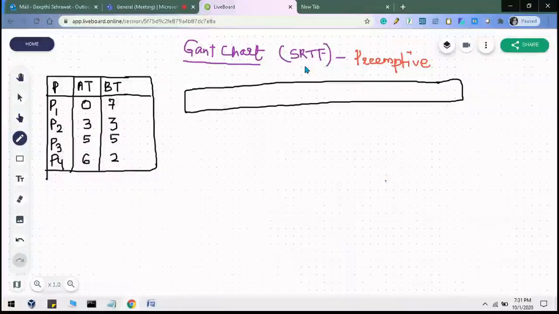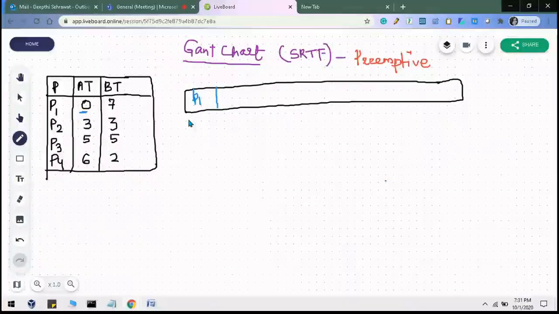Here, P1 has arrived at the 0th millisecond and no other process is available to execute, because P2 will arrive after 3 milliseconds, and P3 and P4 will arrive at 5 and 6. So only P1 can run, and it will run in the CPU for the next 3 milliseconds, because only then will P2 come and we will decide whether the other process has to come into the CPU or not. So first P1 will come into the CPU.